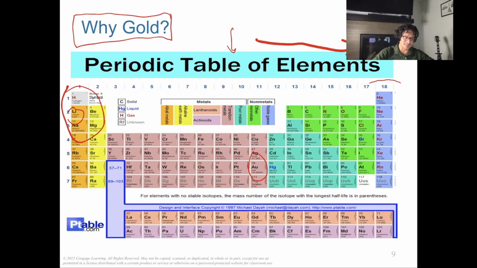A very good candidate could be the ones on the right, but those are gases, and you cannot use a gas as a form of money. Then there are a bunch of elements at the bottom, and these are possible candidates. The only point is that there are things like plutonium that are radioactive.